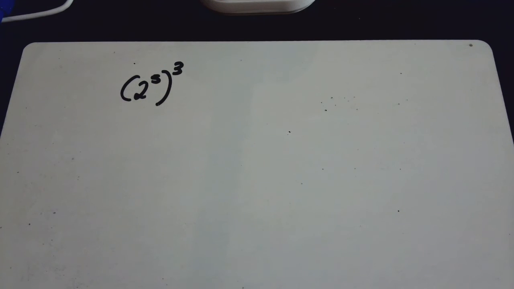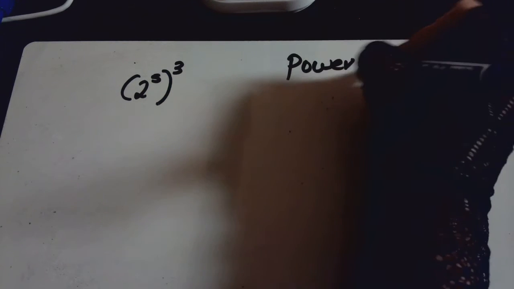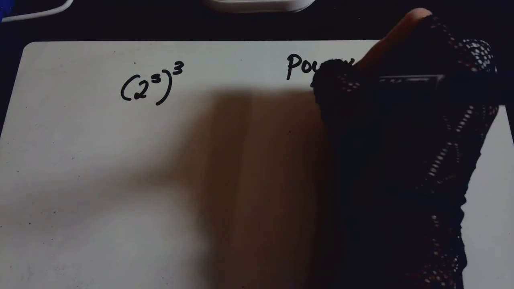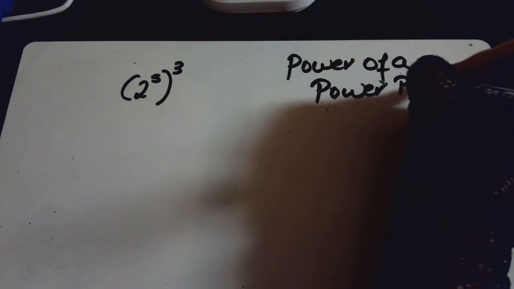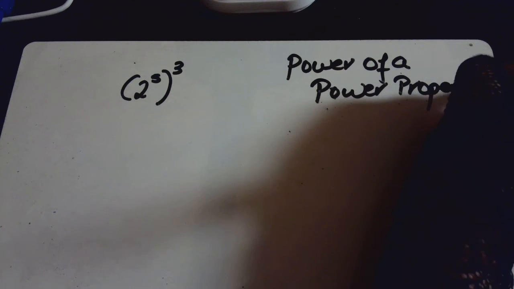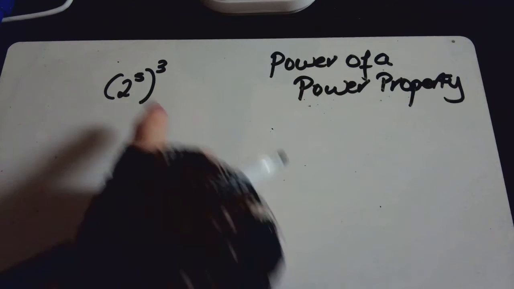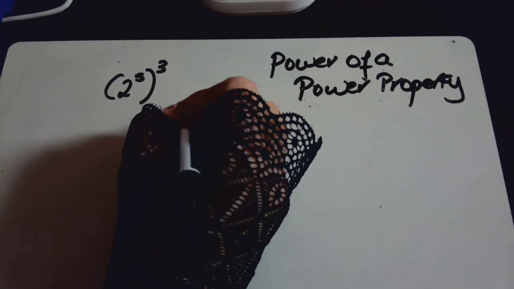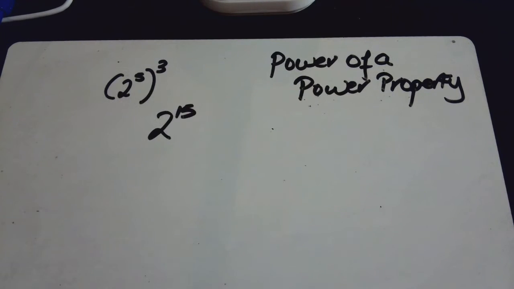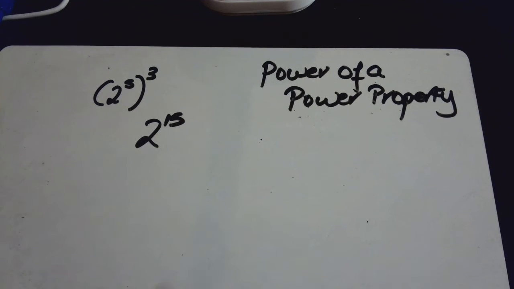Use the power of a power property. Here it means multiply. 5 times 3, so I'd get 2 to the 15th. So you multiply when you have a power of a power.